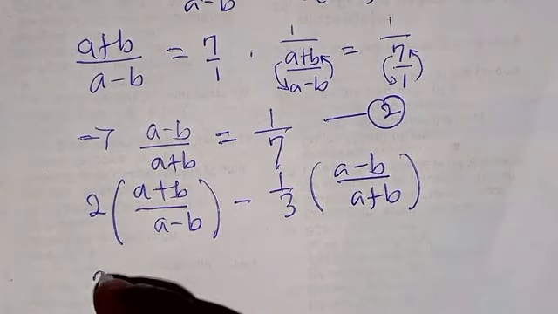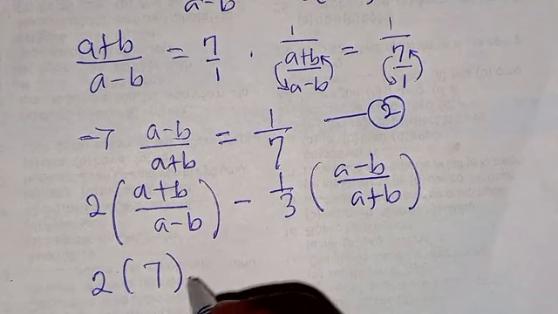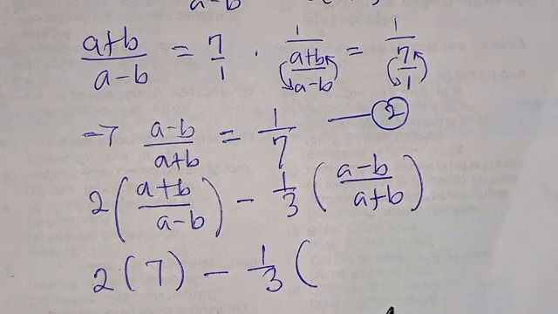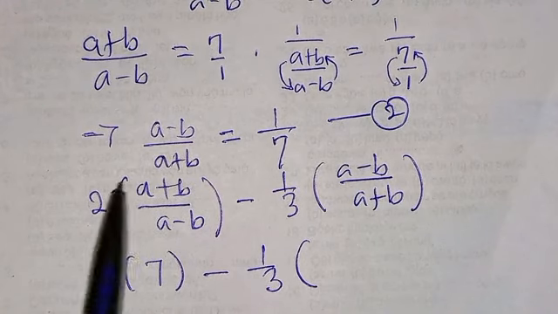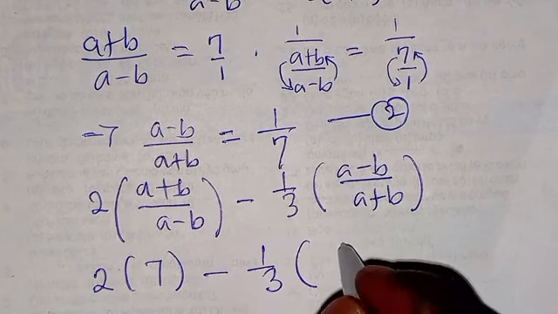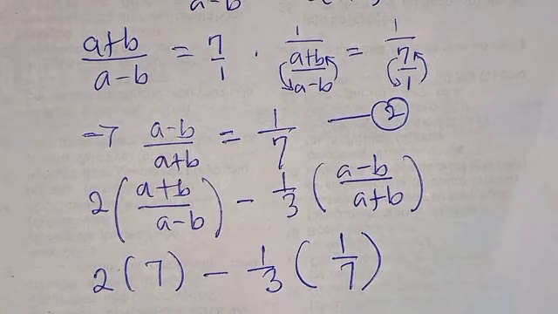So we have 2 into bracket 7 minus 1 over 3 into bracket, then (a - b)/(a + b) is what we have here, which is equation 2, and we have it to be 1 over 7. So we have it like this.